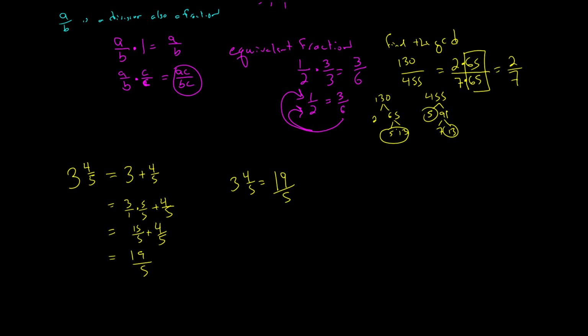But there's a quicker way to do all of this. The way this number is written out, I can multiply the 5 times the 3 and then add the 4. So 5 times 3 is 15 plus 4, 19, and I've kept it all over 5.